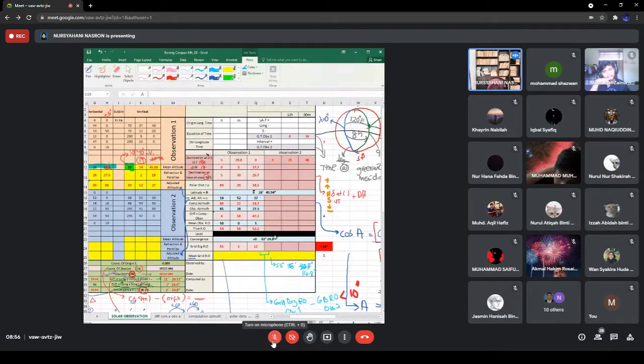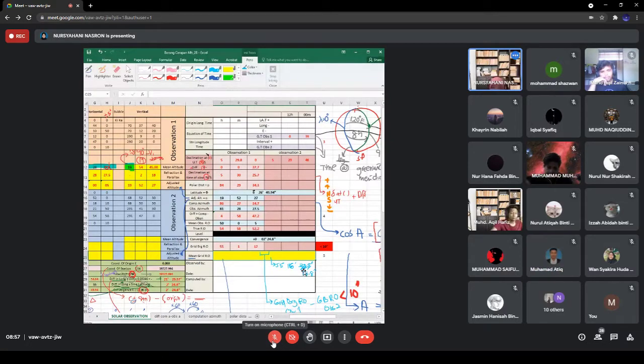Now I want you to complete observation 2, get the answer, and check whether it is the same as Mubin's or not. Sekarang saya nak semua orang kira. Calculate for observation 2. Ingat balik, this one is from last 2 weeks, baru je 2 minggu lepas.